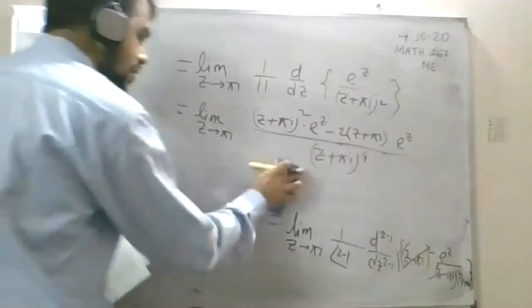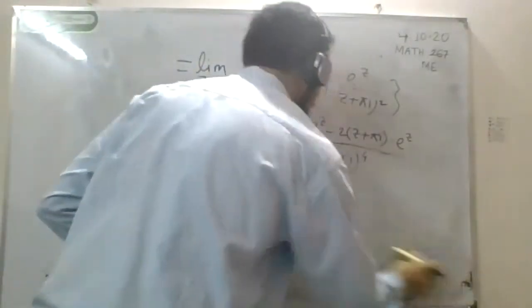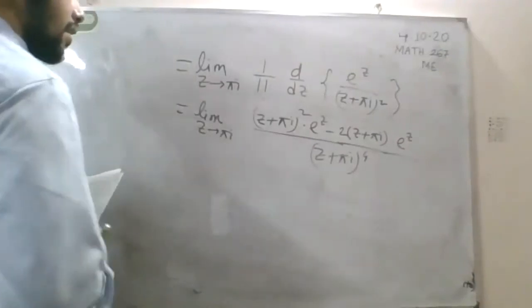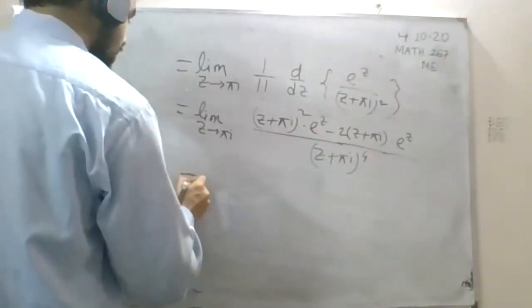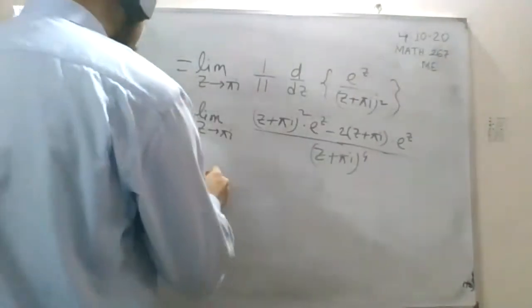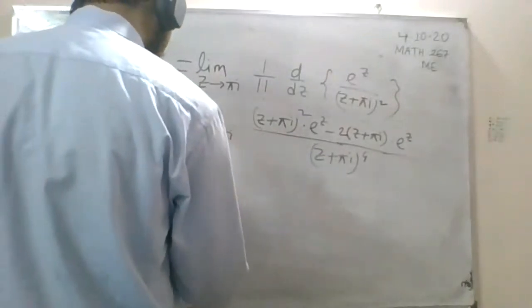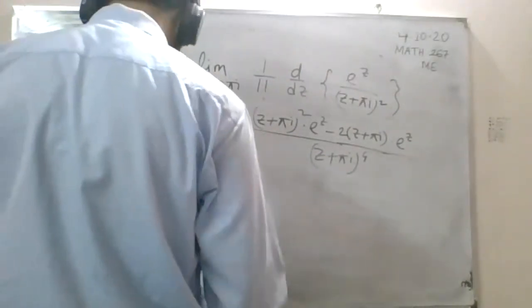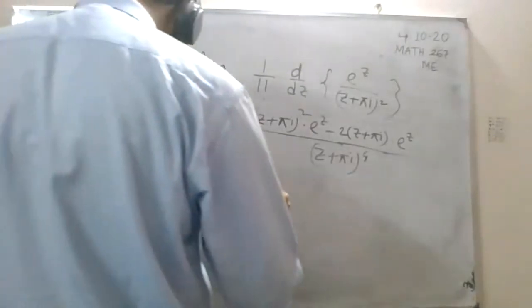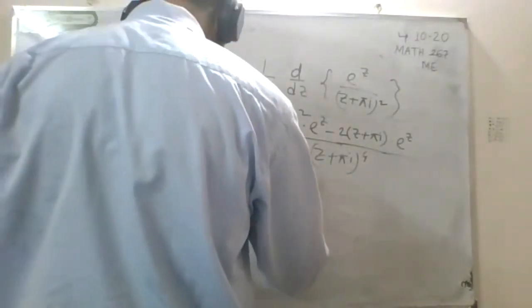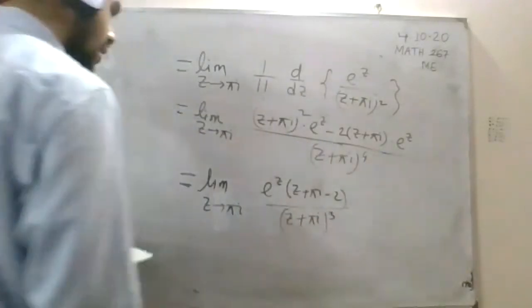After that, if I simplify this, you can get e to the power z into z plus pi I minus 2 divided by z plus pi I cube. Okay.